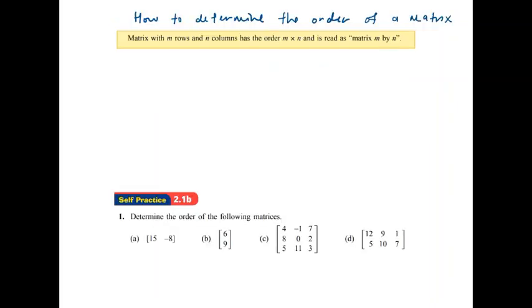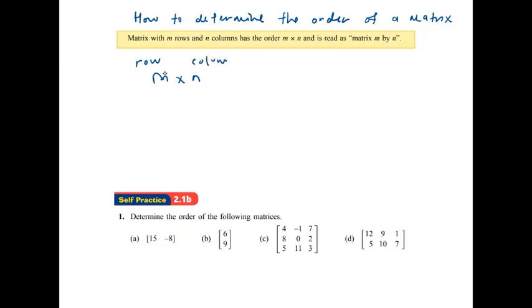Order of matrix. Order of a matrix can tell us how many row and how many column the matrix have. So we can write m times n, m refer to row, and n refer to column.